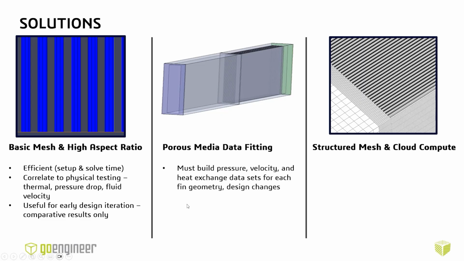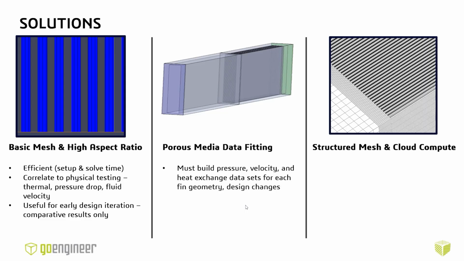For porous media, I have to take the time up front to build pressure, velocity, and heat exchange datasets. Just keep in mind that those datasets that I generated were for a very particular size and shape of fins.